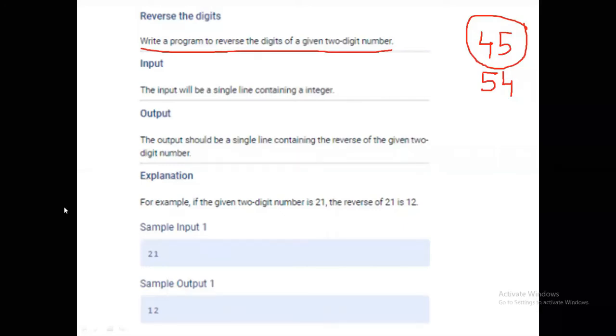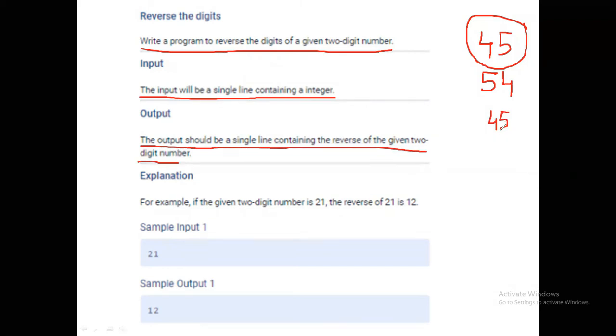The input will be a single line containing an integer. What is the output? The output should be a single line containing the reverse of the given two digit number. What it means? I give 4 5, so 45 in one line.